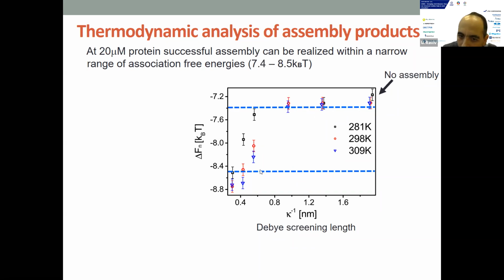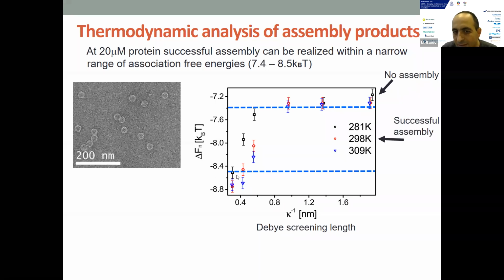When we went to higher association energies by going to a higher salt, so this is the Debye-Hückel screening length, which is one inverse of the salt, this is a high salt part where you see the association energy is strong. And so here there was no assembly. So successful assembly was only in a narrow window.